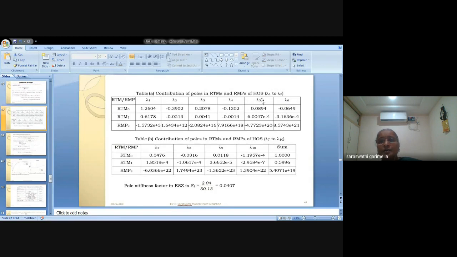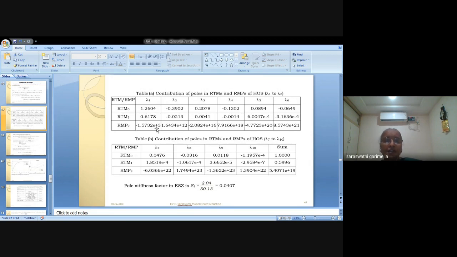I can ignore up to lambda 5 because this is the least contribution. How I consider the general zone is: I consider the highest contribution of eigenvalues and the lowest contribution of RMPs. I can consider up to 4 also, but I considered only 3: 1.2, around 0.4, and this is 0.2. So I considered only 3 as a zone, because not only from here, you can see from all these things. This one I can neglect. That's what I thought.